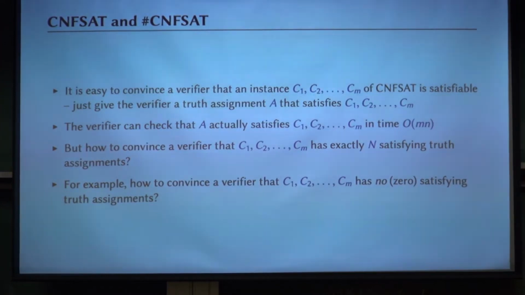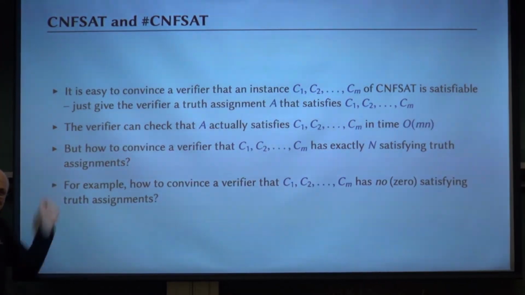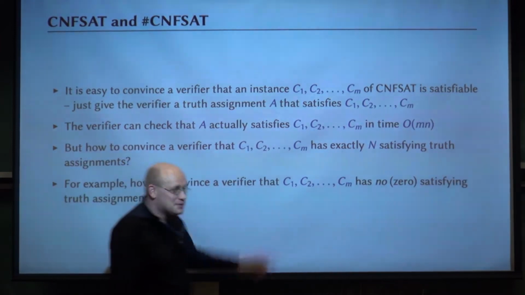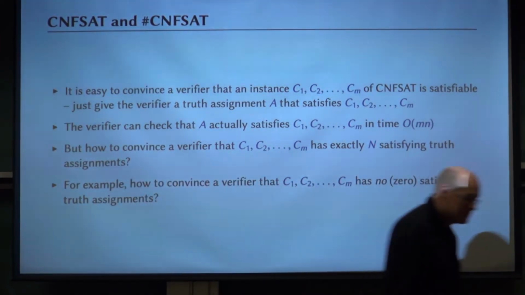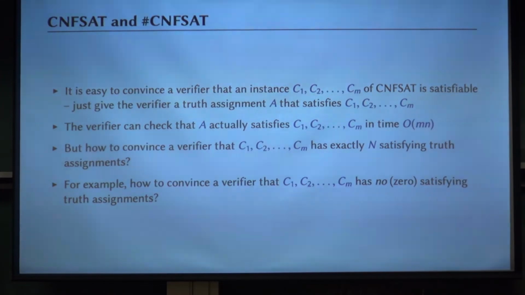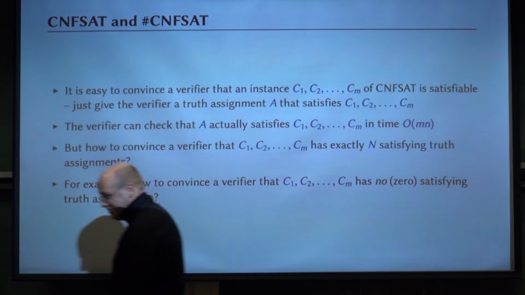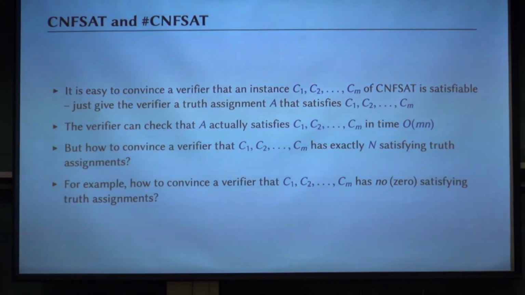But if you think about the counting problem, then we get into a little more trouble. To begin with, how do we convince a verifier that a given instance has no satisfying assignments at all? How do we prove that it's not satisfiable, let alone that there are exactly, I don't know, 1,000,001 satisfying assignments? So somehow it's less easy, at least intuitively, whereas giving an individual satisfying assignment is straightforward.